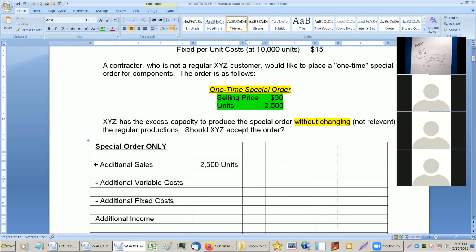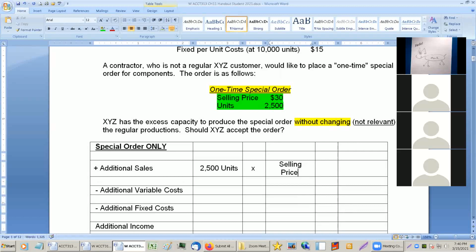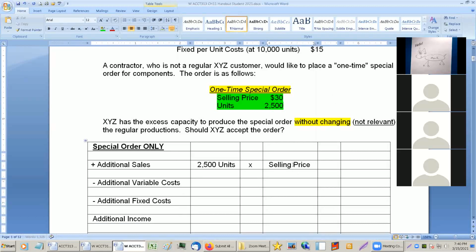Times the selling price, which is not spelled like that. Yeah, just put price or sell price. You guys know what it is.